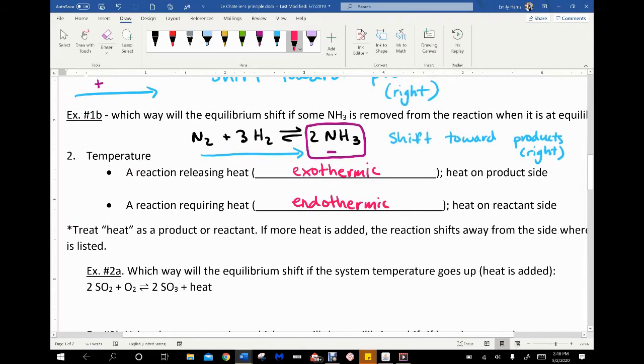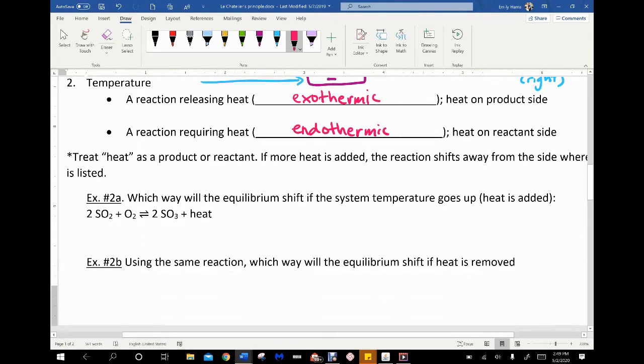And so that makes it really easy for us to apply the same rules that we talked about with concentration. So our example 2a says which way will the equilibrium shift if the system temperature goes up, which means that heat is being added. So here, heat is on our product side, which means that this reaction is exothermic.